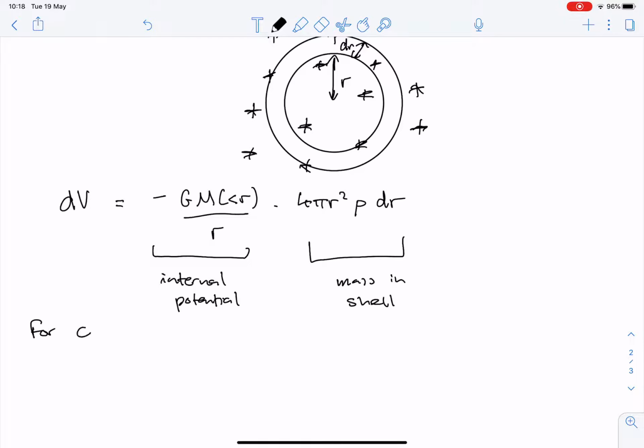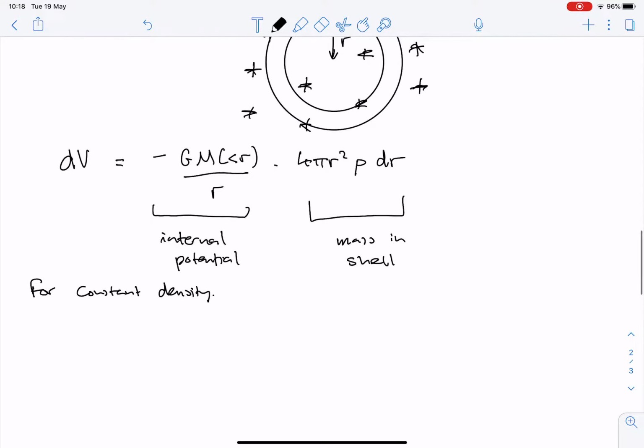Let's just assume that this is some constant density, i.e. that rho is not a function of r. It actually is in practice, but let's just be simple about it. And of course, M(<r) is just 4/3 pi r cubed rho. It's just density times volume.